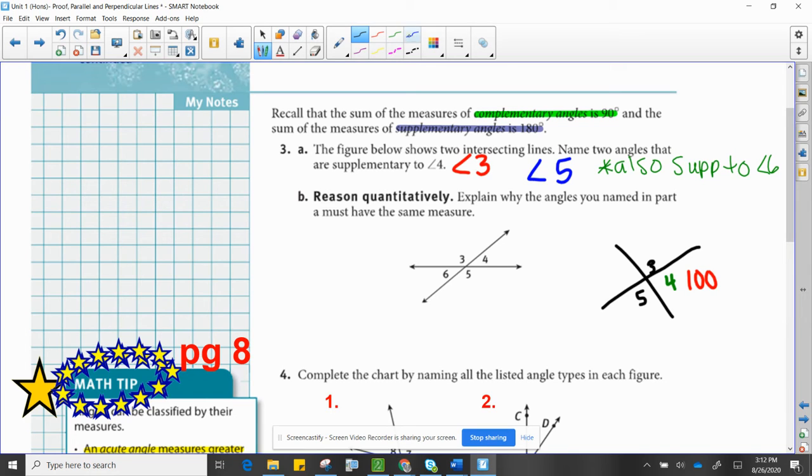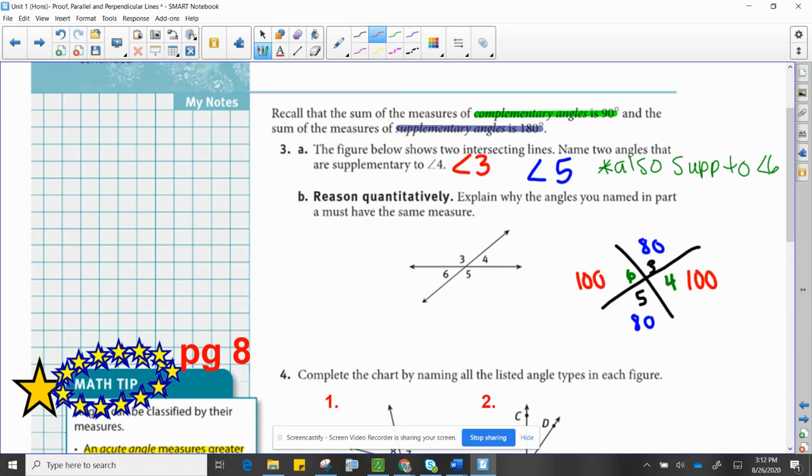So if those angles are supplementary to angle 4, they have to add to 180. So this would have to be 80 degrees. But then we said angles 4 and 5 were also supplementary. So that would also have to be 80 degrees. And then since we added that side note that those angles would be supplementary also to angle 6, well, that means that angle 6 has to be 100 degrees also.